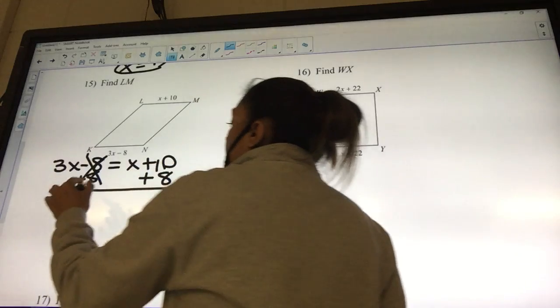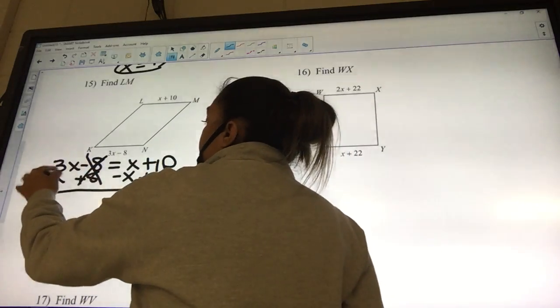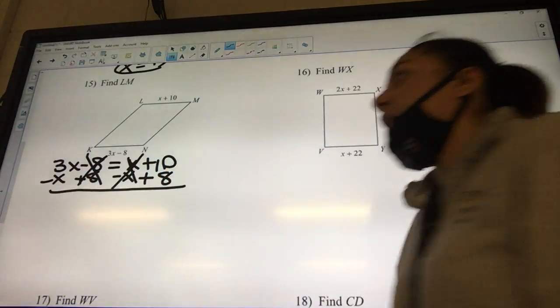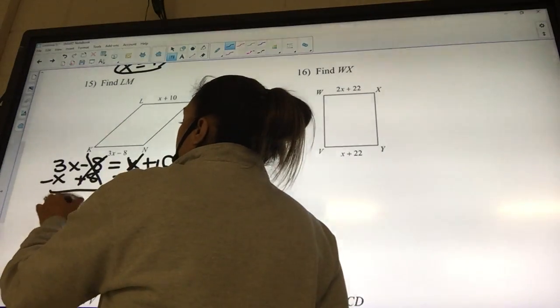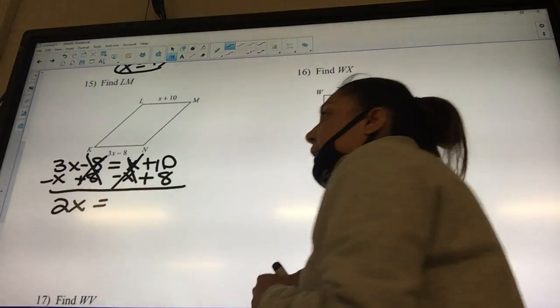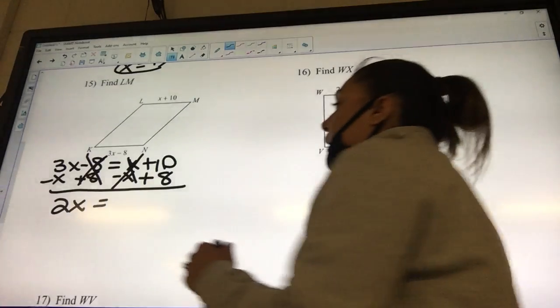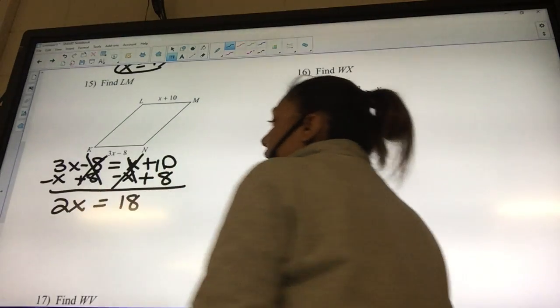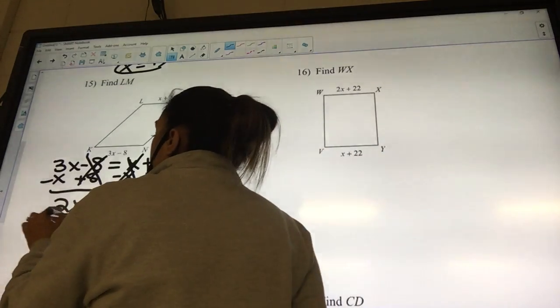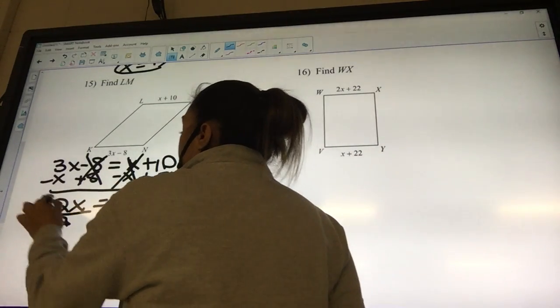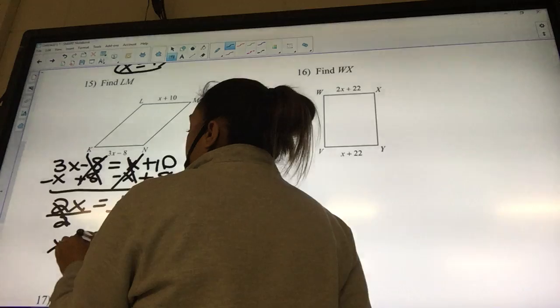Good. Minus x, minus x. On the left side, I got 3x minus x, 2x, equals, and on the right side, I got 10 plus 8, 18. So I got 2x equals 18. We're going to divide by 2. So x is going to equal 9.